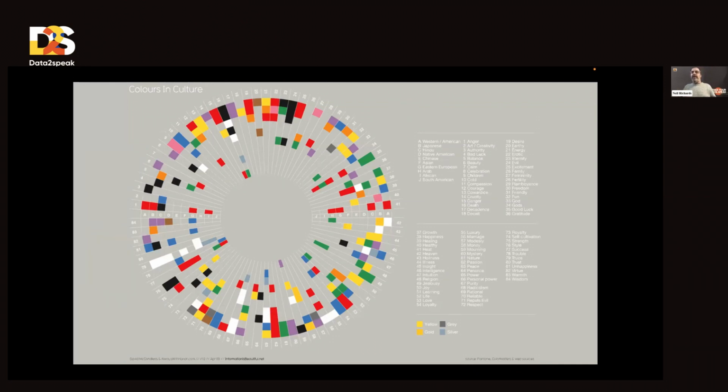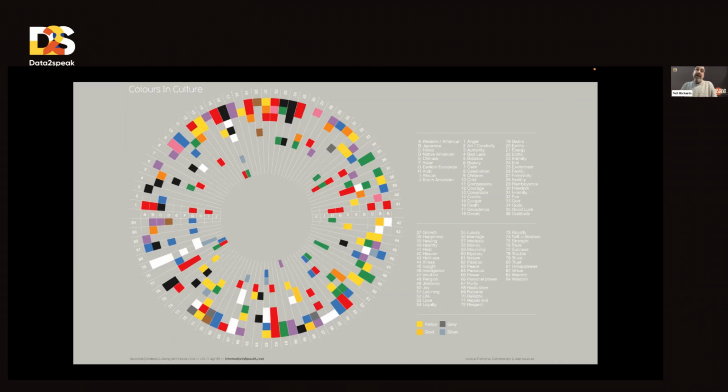And here we have a list from Information is Beautiful of colors in culture. It's quite hard to read because there's all sorts of different things in there. But all you need to know is every single part of the radius represents a different thing that we would associate with a color. So we've got things like happiness and luck and courage, cowardice, all sorts of things. And every different color going inwards represents a different culture and the different color that they might associate with it.